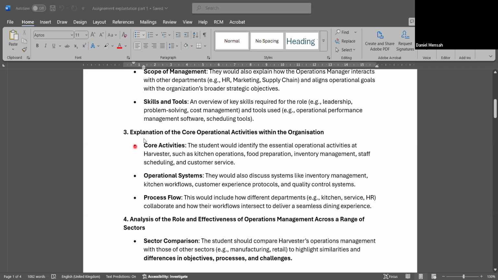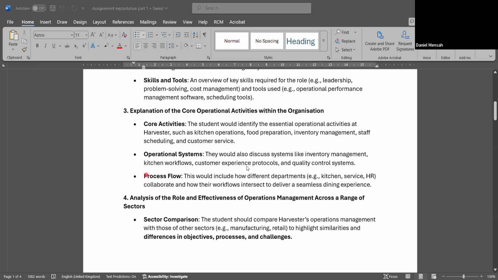Okay, anyways. So there is the third part, point number 3, explanation of the core operational activities within the organization. So you need to see what kind of core activities are performed in the Harvester, okay? And you identify the essential operational activities there, whatever those activities are. Then operational systems. You would also discuss systems like inventory management, workflows, customer protocol, quality control systems, etc., and the process flow in their operation.